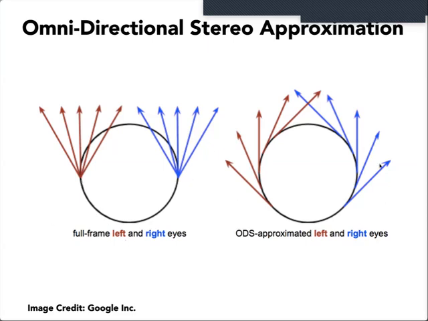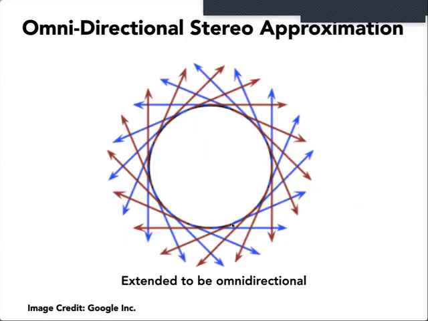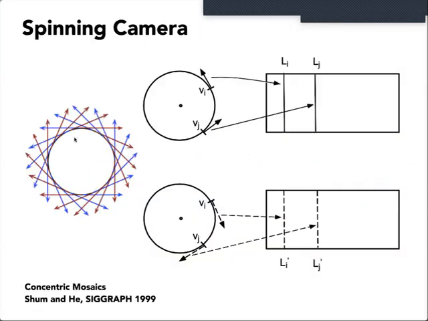It turns out that if you did this, this is called an omnidirectional stereo approximation. And the set of rays that you need to store looks like this, which is a lot less data than before. And you could analyze this further and convince yourself that this could come from, how do I put this?